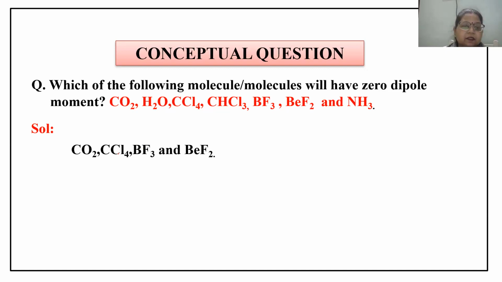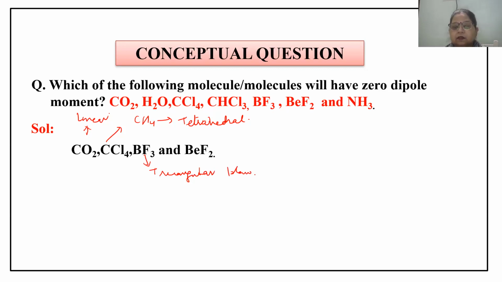CCl4 has a structure similar to CH4, that is tetrahedral. BF3 we know is triangular planar. BF2 is having a linear structure.